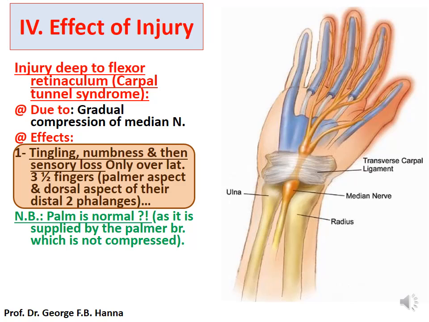You can see that the palm is spared. The palm is normal. Why? Because it is supplied by the palmar cutaneous branch, which lies superficial to, not deep to, the flexor retinaculum. And carpal tunnel syndrome affects the structures deep to flexor retinaculum.